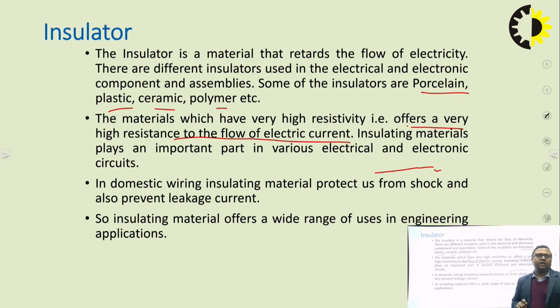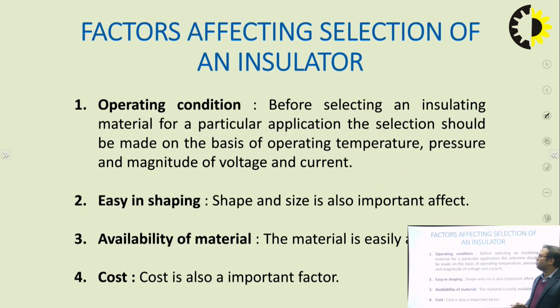That's why every electrical appliance has some plastic or polymer-based protection, which allows you to be safe from the appliance even when there are chances of getting a shock. This protection cover is nothing but the insulator. So these insulating materials offer a wide range of uses in engineering applications.